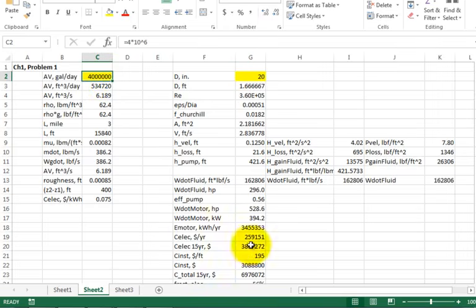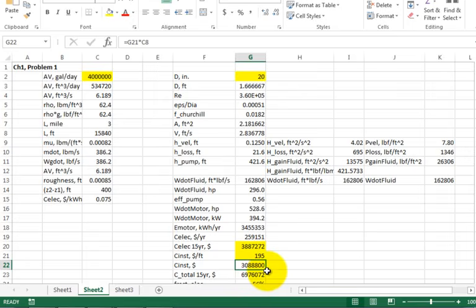This is how much electricity cost is going to be for the next 15 years. What is that number? $3,887,000. That's just the calculation. $3 million for the next 15 years. And if it costs $195 per foot to put it in the ground, then the installation cost is $3 million.